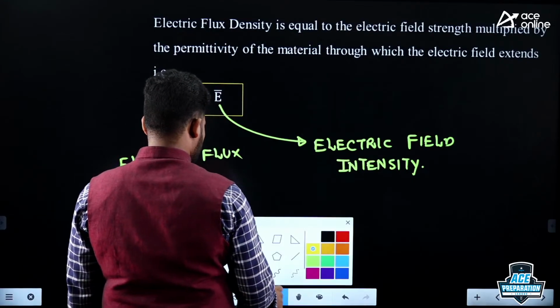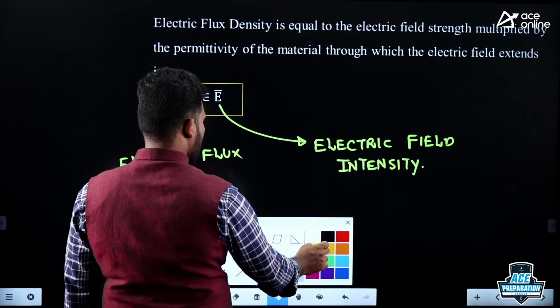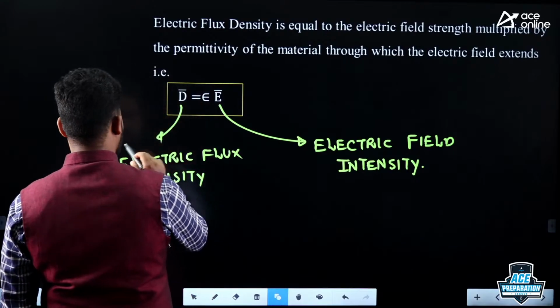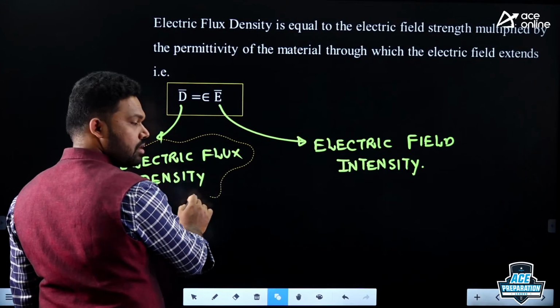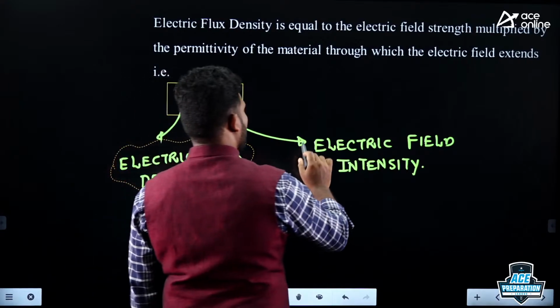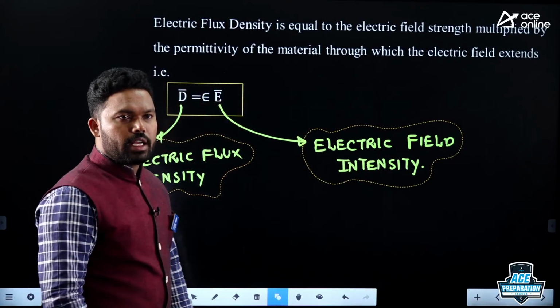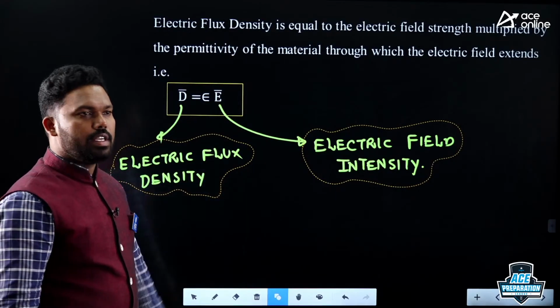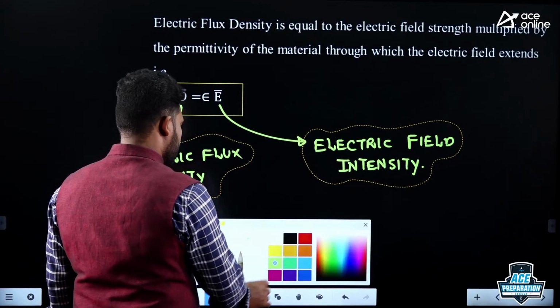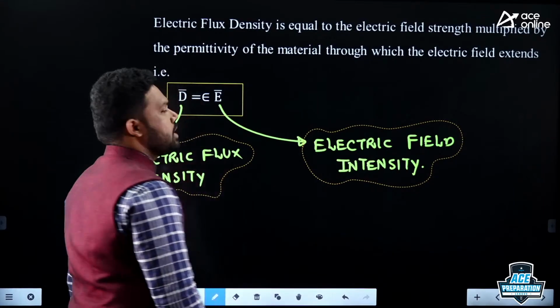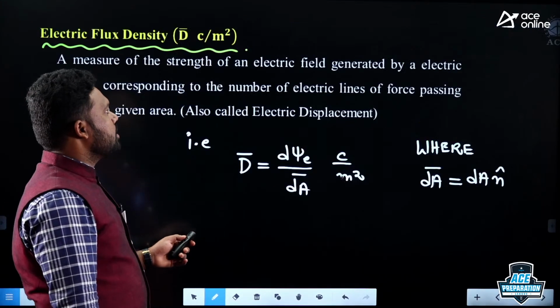Okay. Electric flux density, and that one is electric field intensity. Fine. Now this relation you must remember. Okay. Now let me go back here.